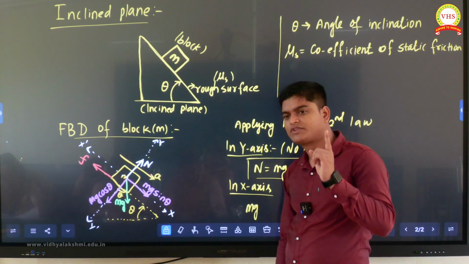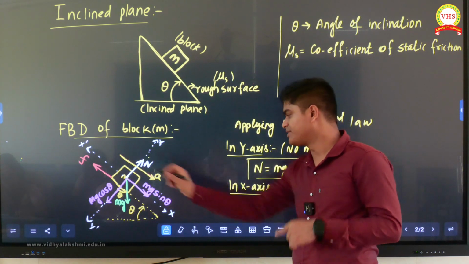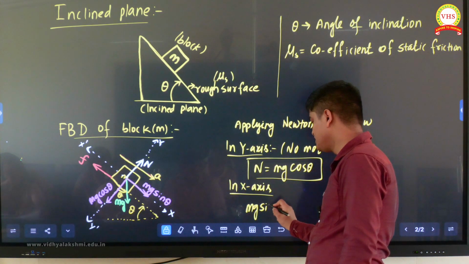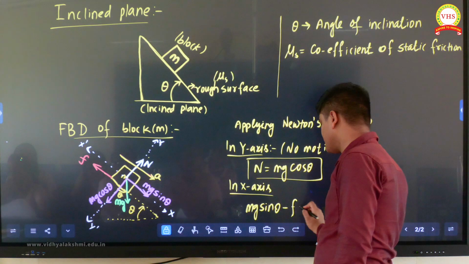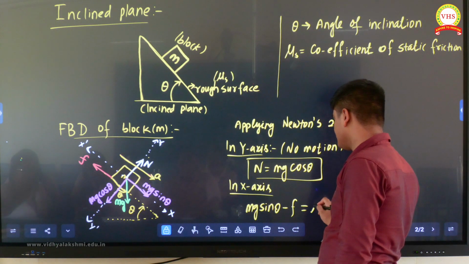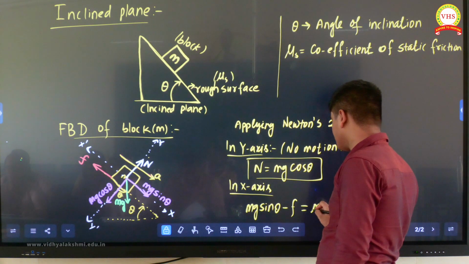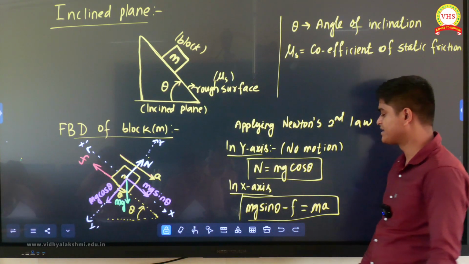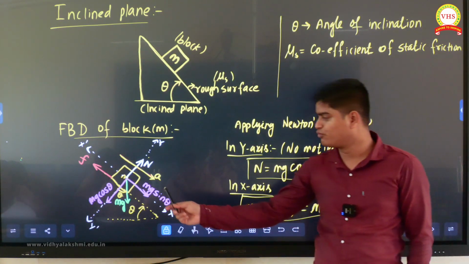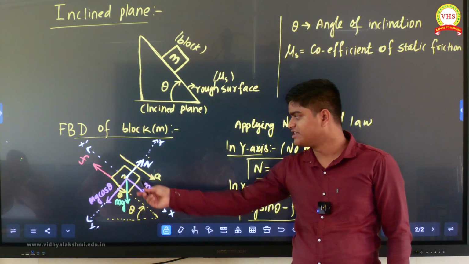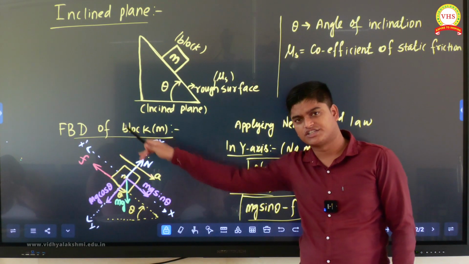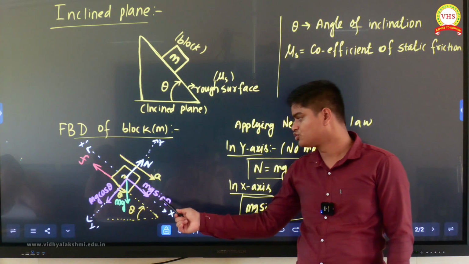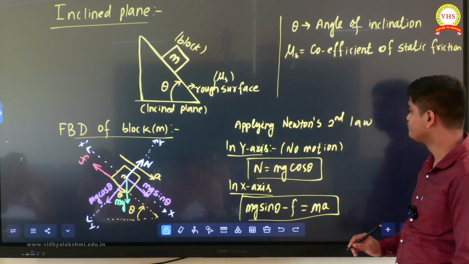So I can write mg sin theta minus frictional force equal to what basically? Mass times acceleration. See, in the x-axis two forces are there: mg sin theta and F. Motion I considered in the mg sin theta direction. So mg sin theta minus F you have to do.